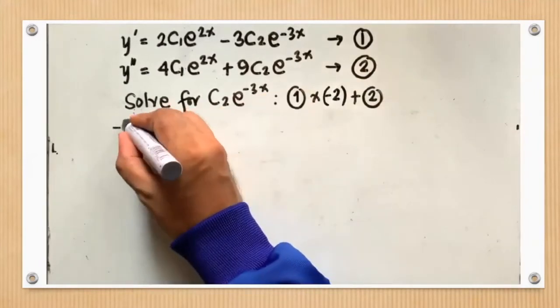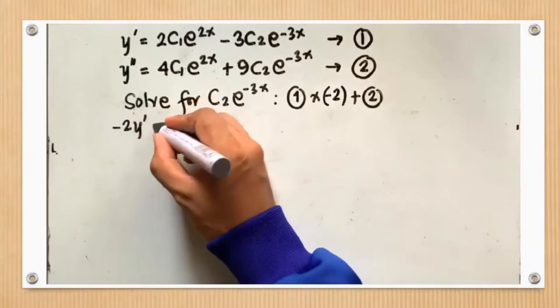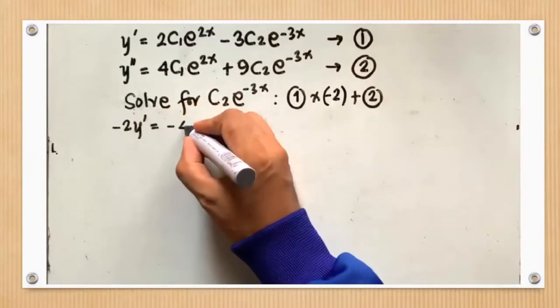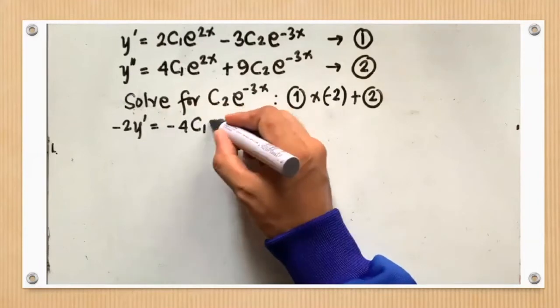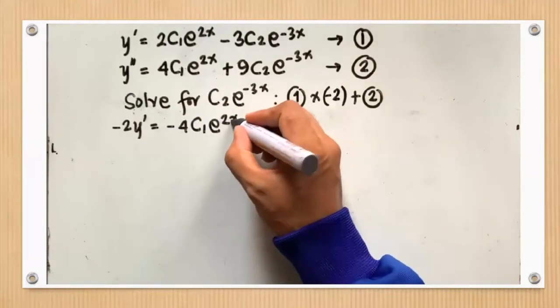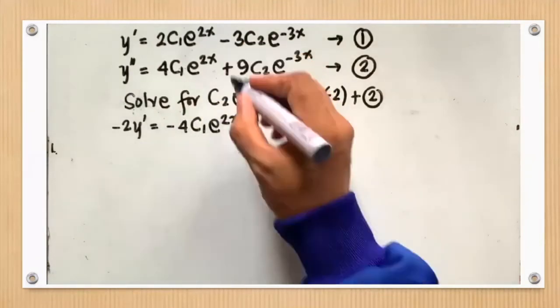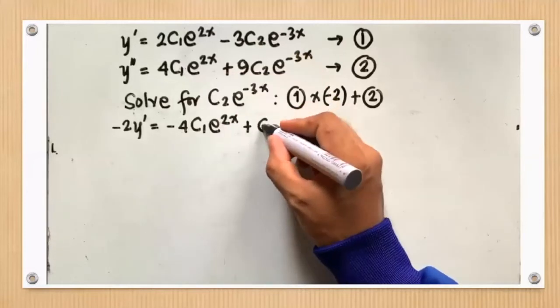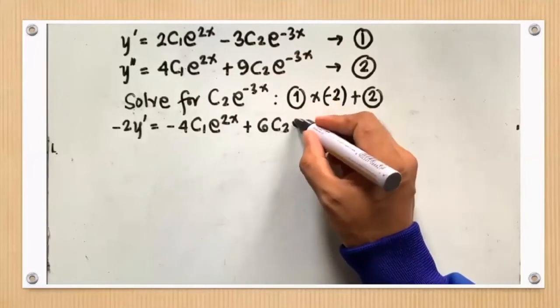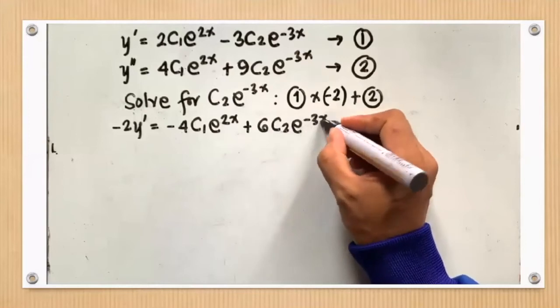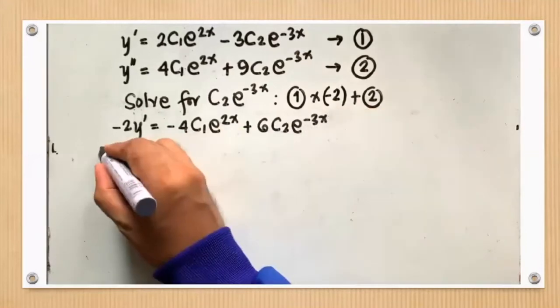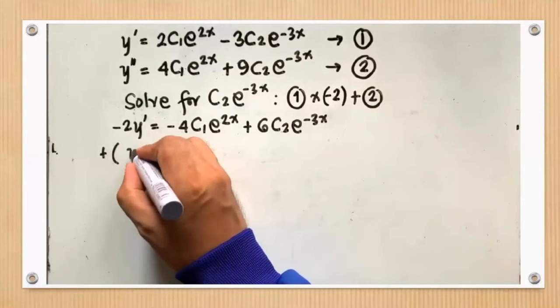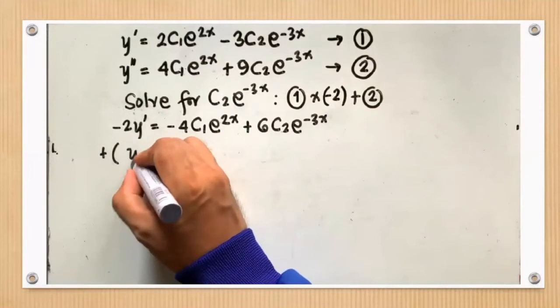So we have minus 2y prime equals minus 4 c sub 1 e raised to 2x. And then minus 2 times minus 3, you have positive 6 c sub 2 e raised to minus 3x. This is the result after multiplying equation 1 by minus 2.